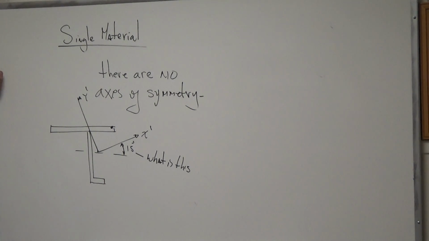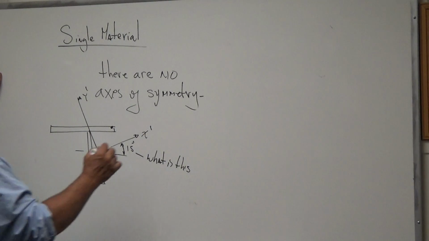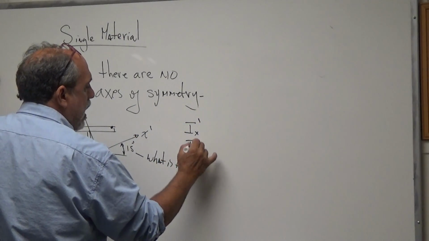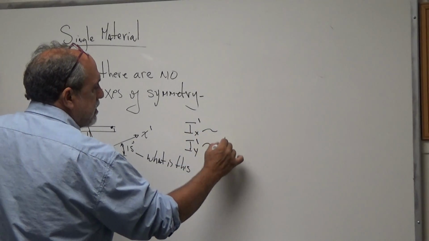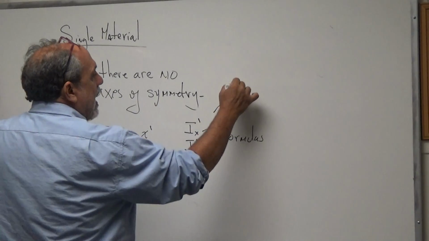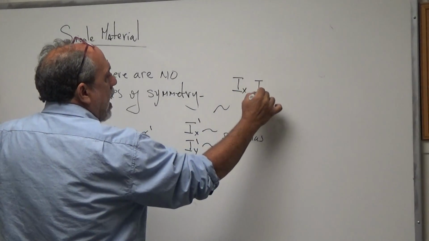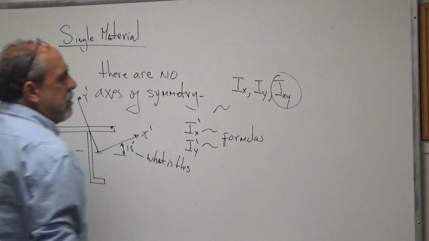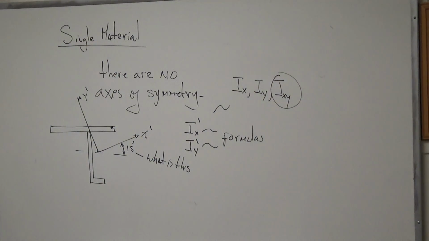In order to be able to do these problems, you need to know what Ix prime and Iy prime are, but we have formulas in terms of Ix, Iy, and Ixy. So the one item for which you have no prior computational practice or experience is the calculation of Ixy.